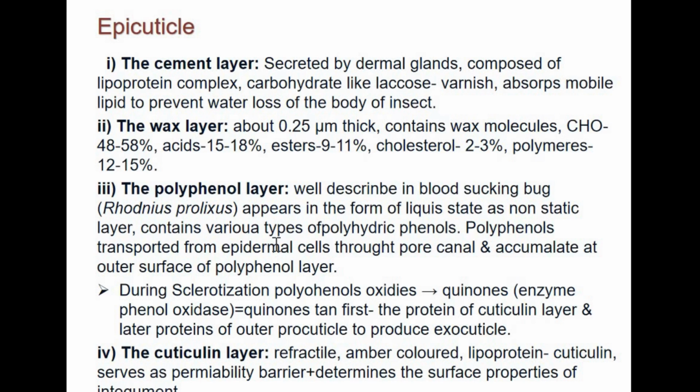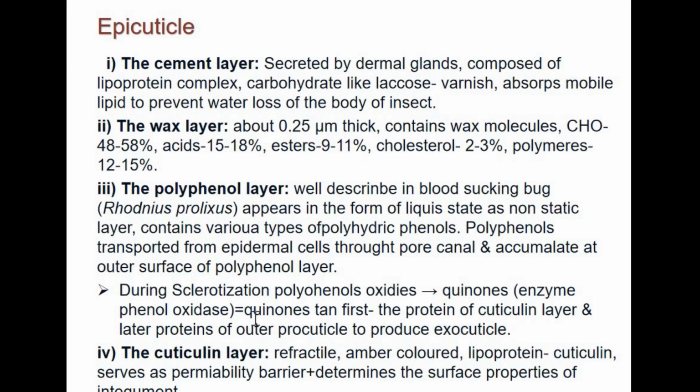At the time of sclerotization, these polyphenols are oxidized to quinones in the presence of the enzyme phenol oxidase, and then the quinones tan first the proteins of the cuticulin layer and later the proteins of the outer procuticle to produce the exocuticle.